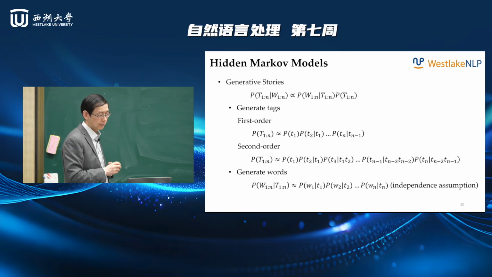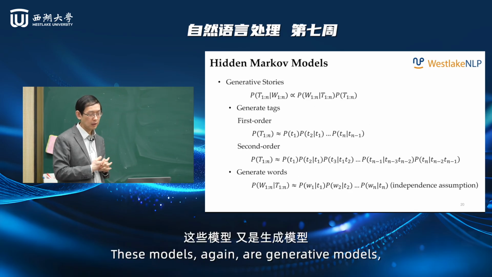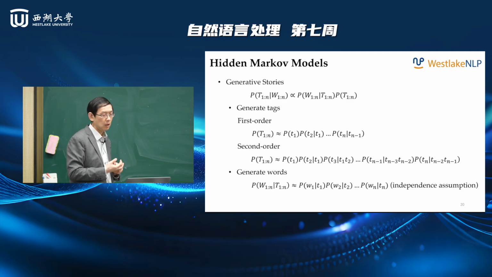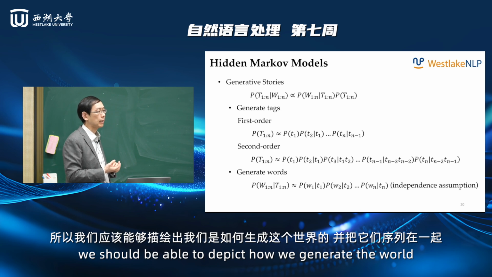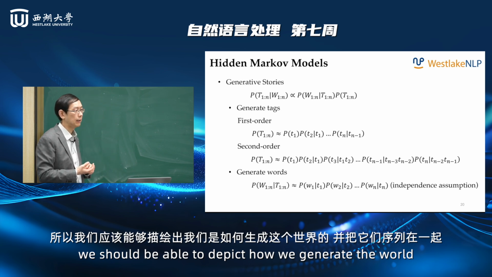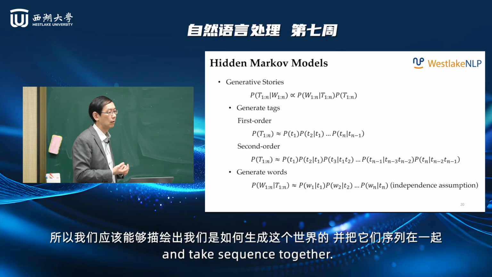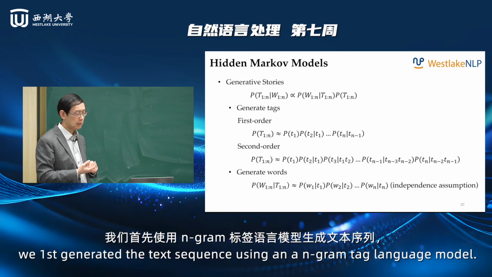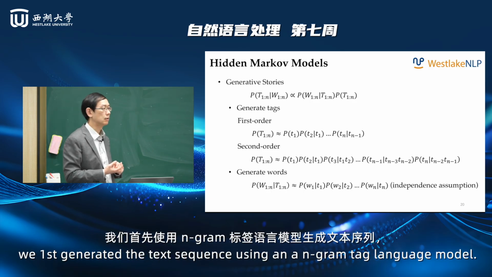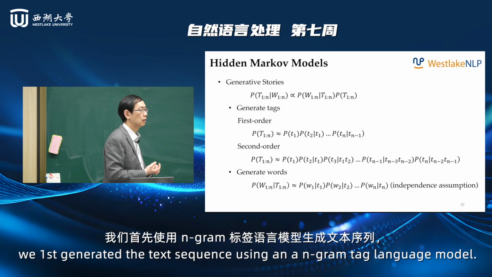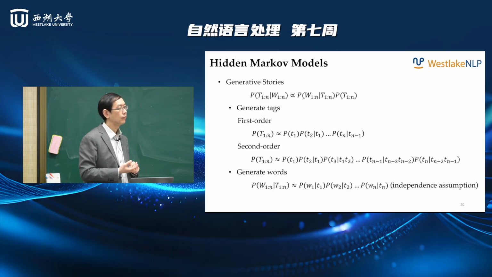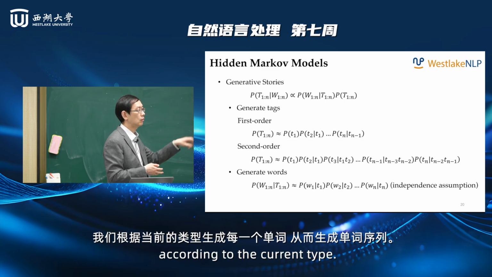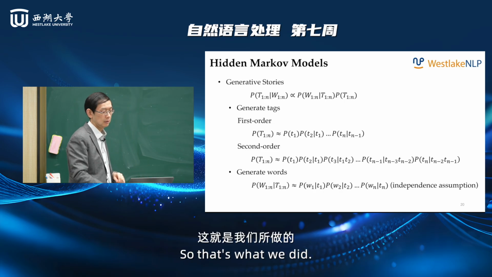All right, so these models, again, are generative models, so we should be able to depict how we generate the word and text sequence together. And if you look at how we parameterize the model, we basically first generated the tag sequence using an n-gram tag language model, right? And after we get the tag sequence, we generate the word sequence by generating every word according to the current tag. So that's what we did.